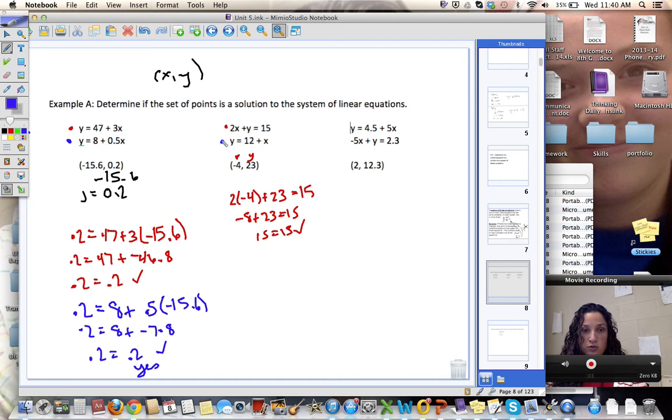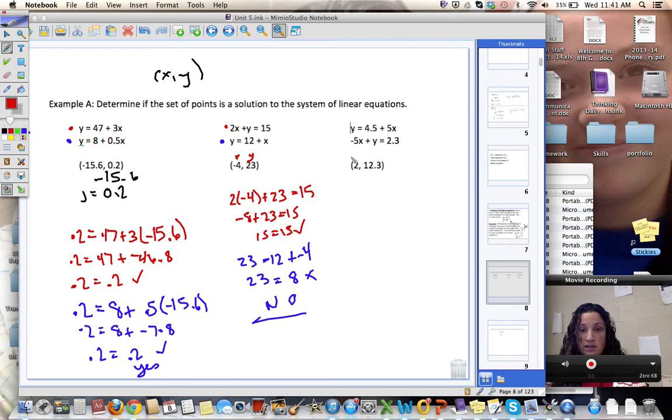Now I'll do blue. So 23 equals 12 plus negative 4. 23 equals 8. This does not work. Since one works and one doesn't, this is not a solution. It has to work for both of them. So this is a no.